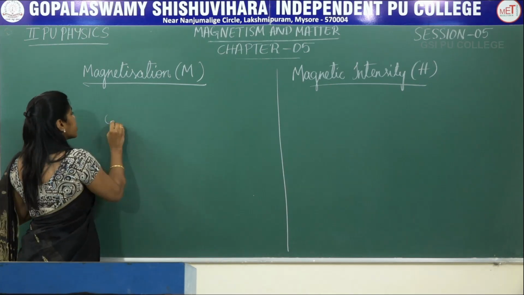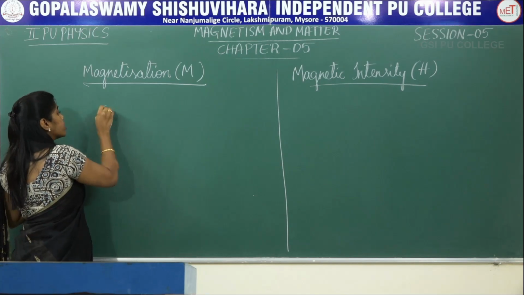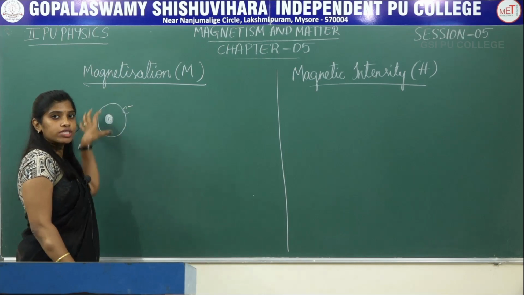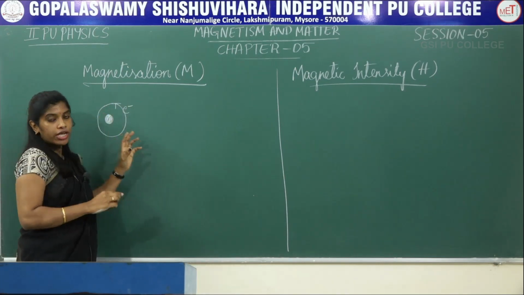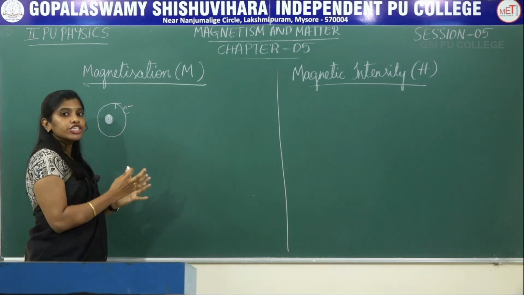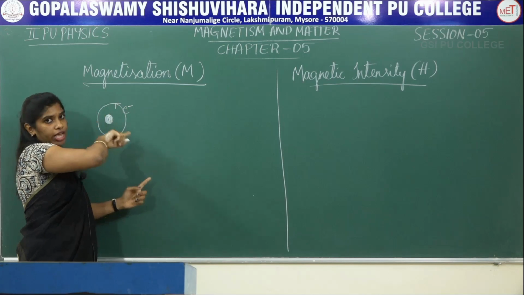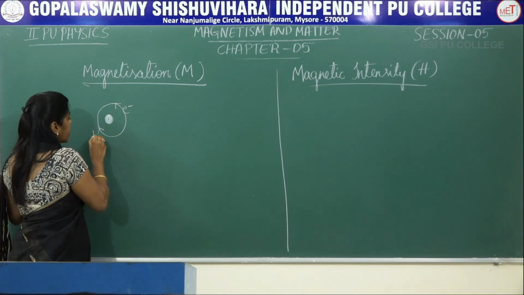Now an atom consists of a central nucleus, and around this an electron will be revolving. So the electron revolves around the nucleus. Electrons are in motion, and the motion of the electrons constitutes current. If this is the direction of the motion of electrons, the current is constituted in the opposite direction.